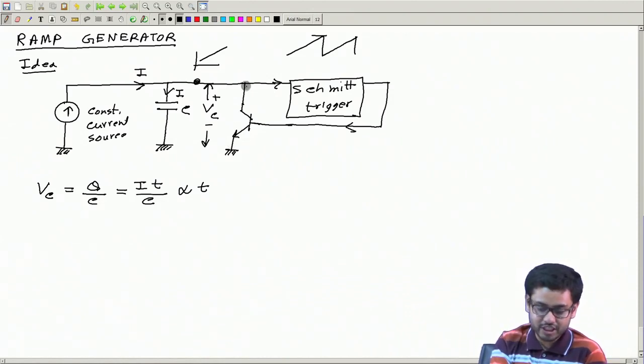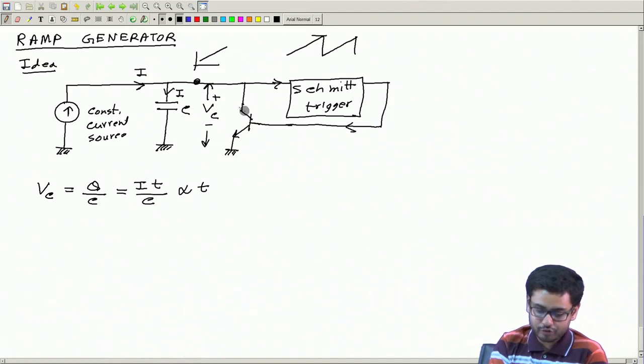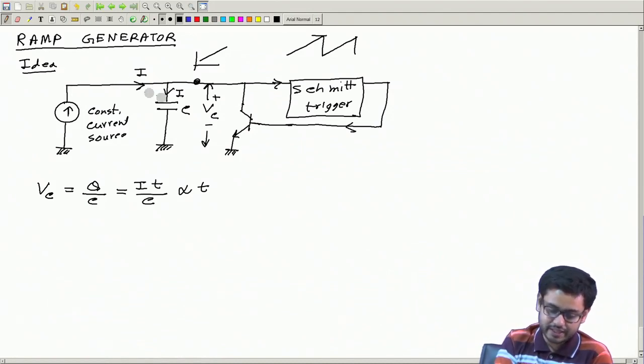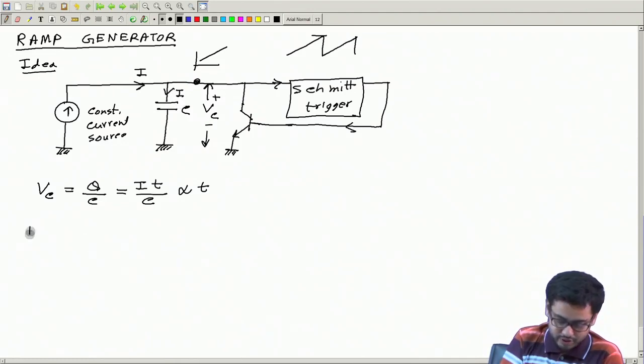So this voltage will come down very quickly, and once this comes down, this Schmitt trigger output will change and this switch will be off. And once this switch is off, this current will again come and charge this capacitor.